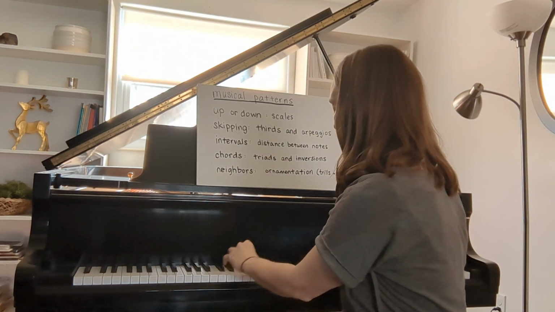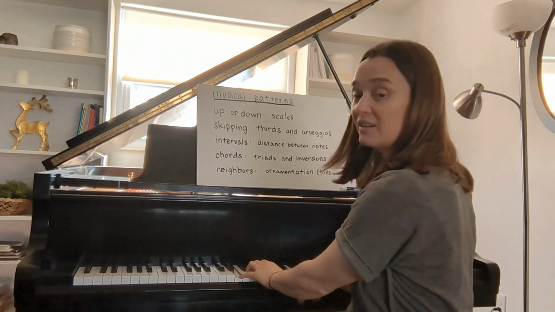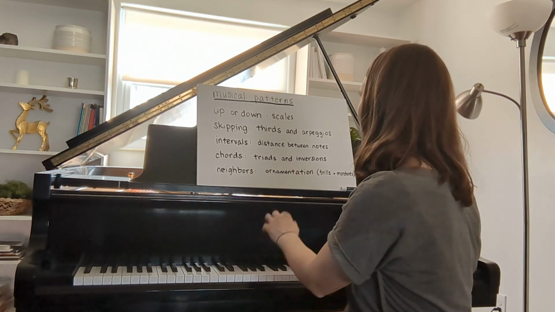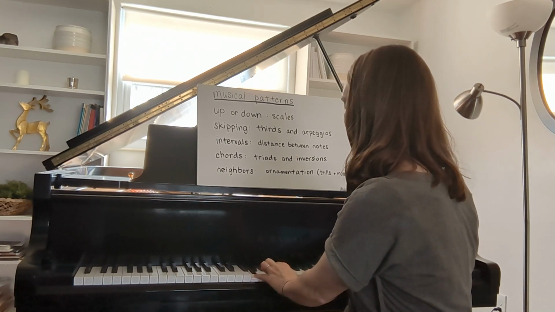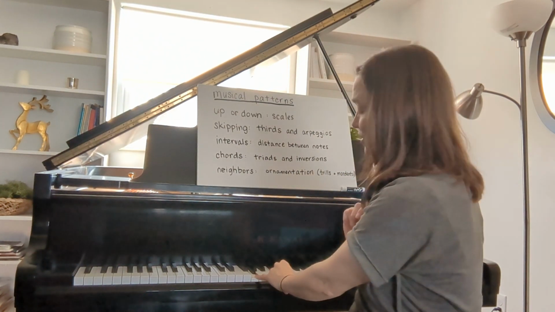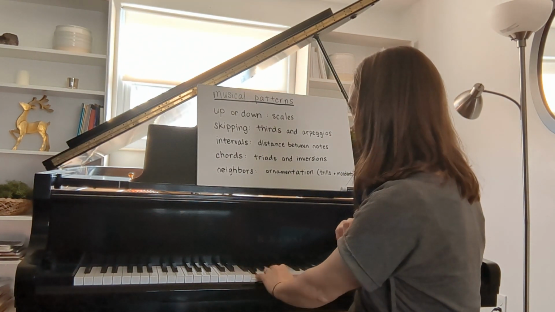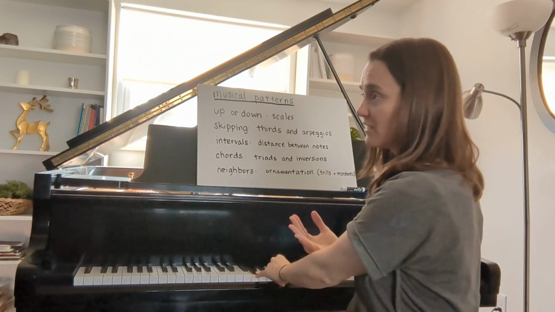So root position, first inversion, and then if we take this E and we move it up to here, and we stack the chord on top of the G, G, C, and E, like that, that's called second inversion. So we have the G on the bottom, up a fourth to the C, and then up a third to the E. That's the second inversion.